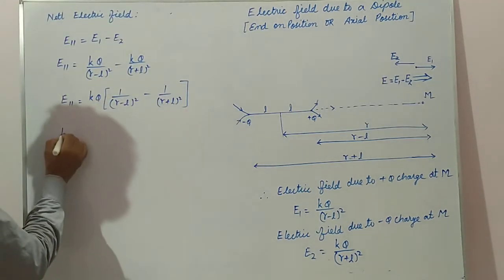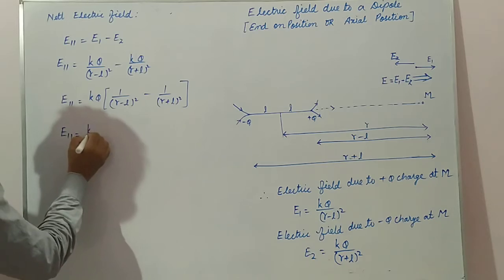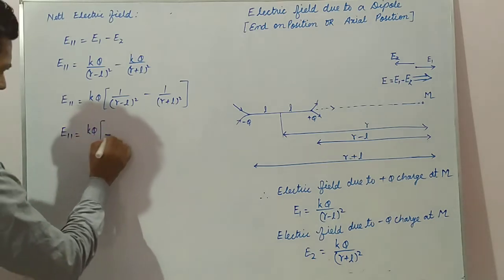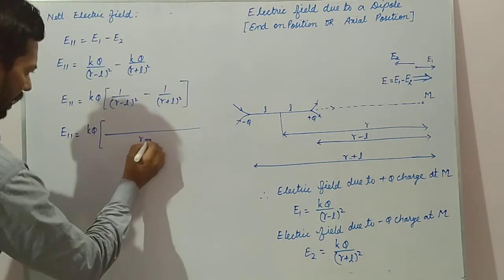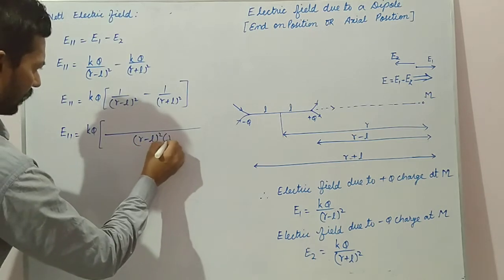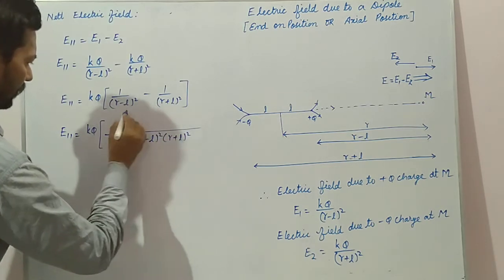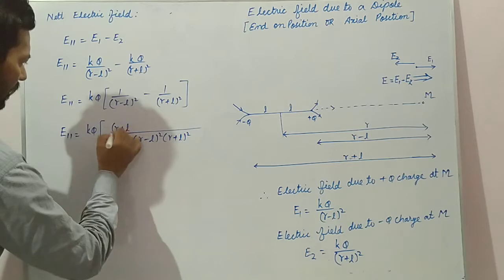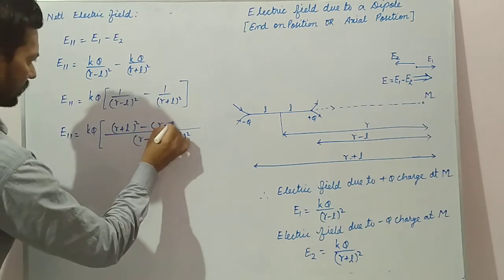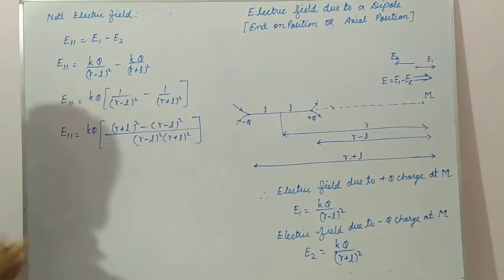Now, this can be written as kq times [(r plus l) the whole square minus (r minus l) the whole square] by [(r minus l) the whole square times (r plus l) the whole square].